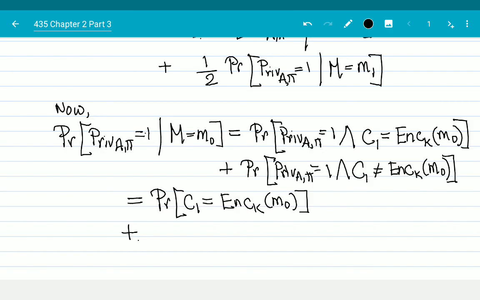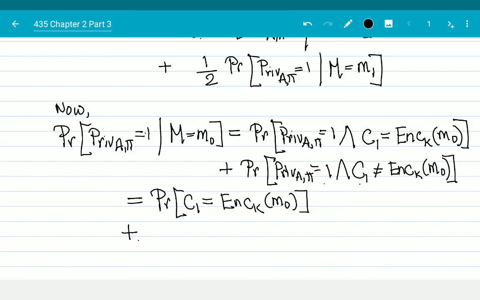what happens in the second case? Well, in the second case, I am outputting a random choice. If my ciphertext is not c1, I am choosing a bit randomly. b prime is equal to either 0 or 1. So I'm going to succeed with probability 1/2, right?